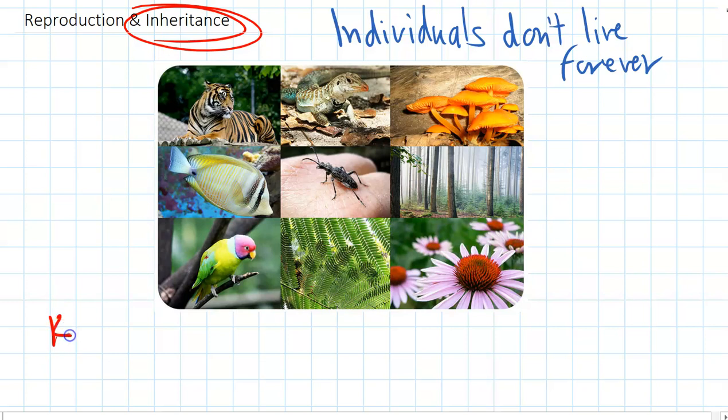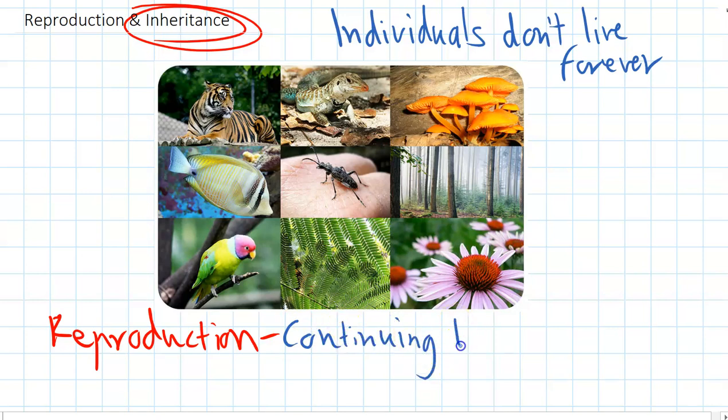So the definition of reproducing is pretty much the process of continuing life from generation to generation, from one generation to the next.